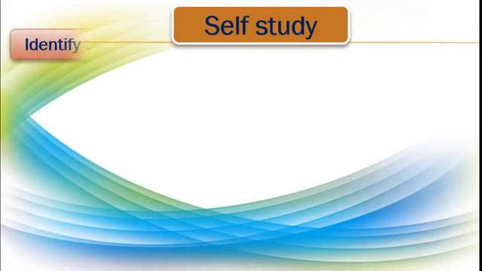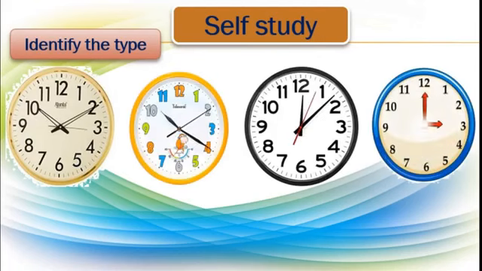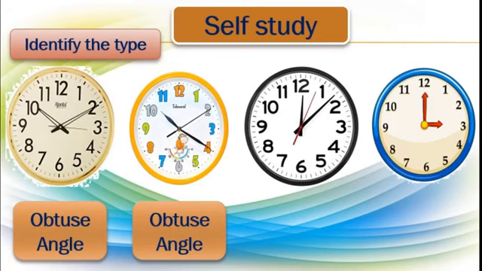Now this is self-study. Identify the type. See here, four watches, sorry, clocks are there. The first one shows an obtuse angle, correct, because it is more than 90 degree. This is also an obtuse angle, more than 90.